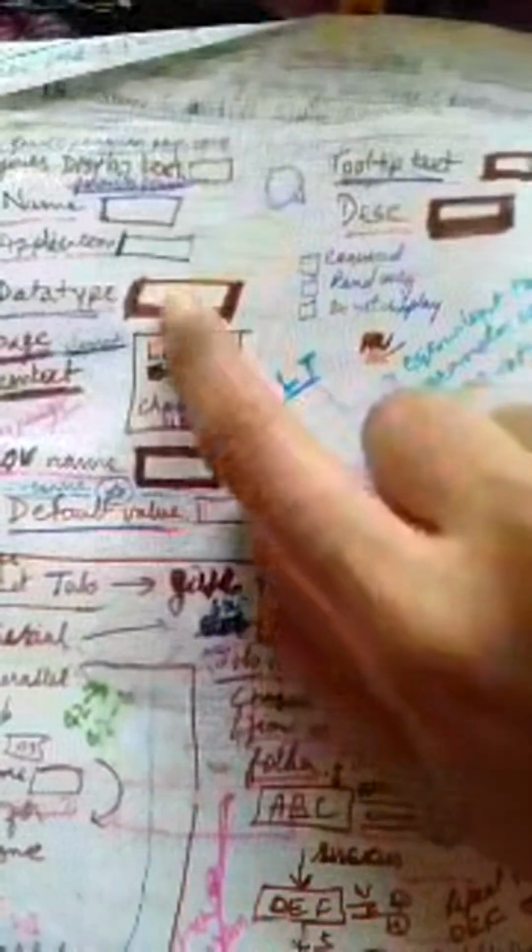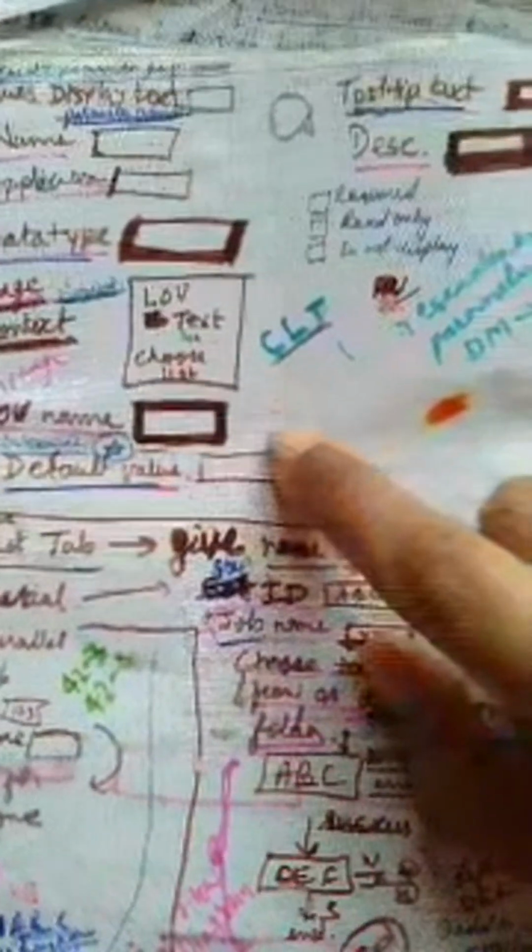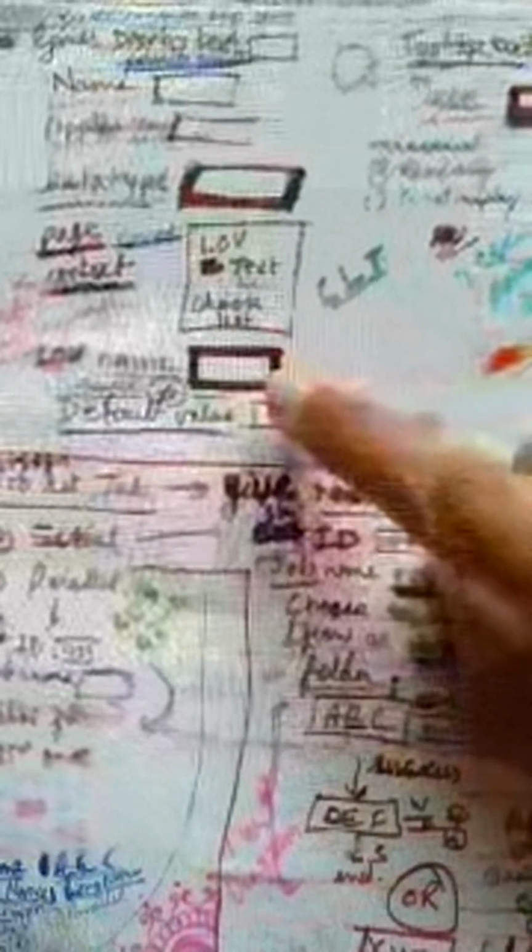Then we'll be giving the application name and the page context. Page context will have three values: choice list, LOV and text. These three things: page element or page context. And there will be a name, and apart from that there will be a default value that will be given, and the LOV name, the LOV source we have created previously, will be given here.